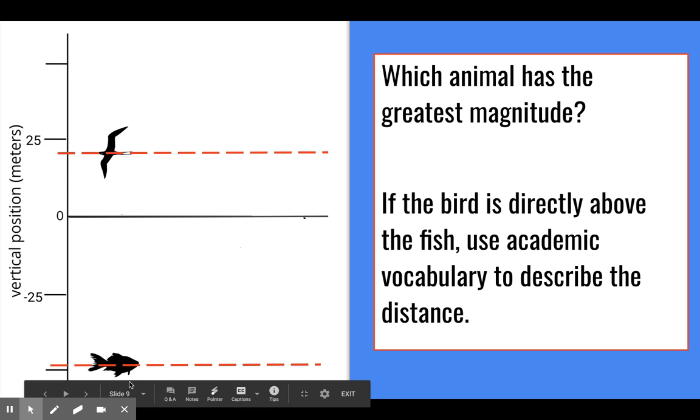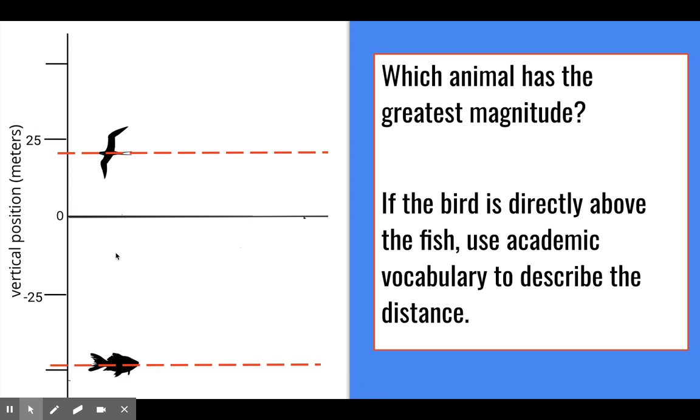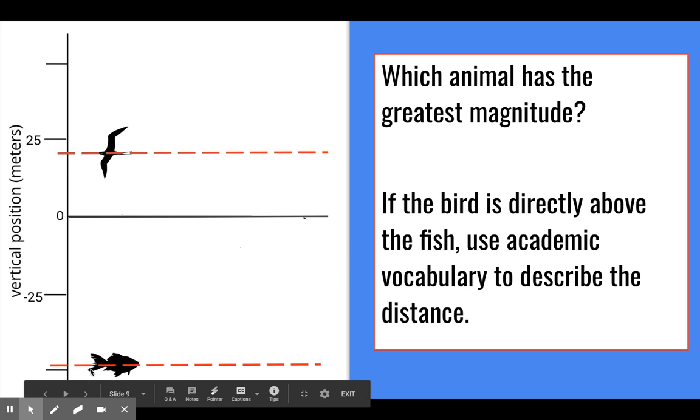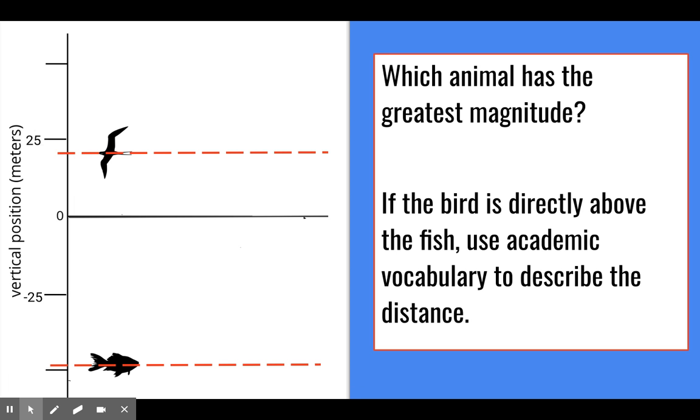And the absolute value of 23 is 23 away from 0. And if we add those two distances together from 0, so the bird was 23 away from 0, the fish was 48 away from 0. If we add those together, we would get a total of 71. So that's the distance between the two, and we found that using the absolute value.